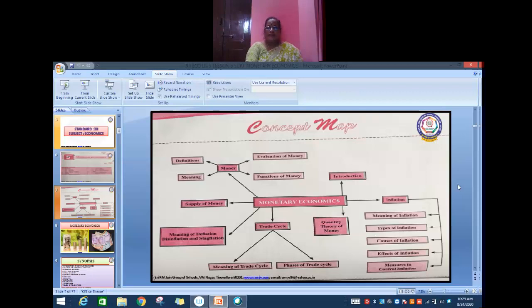Then, what is inflation? The meaning of inflation and the types of inflation on the basis of speed we have completed. Today, we are going to learn about types of inflation on the basis of inducement.